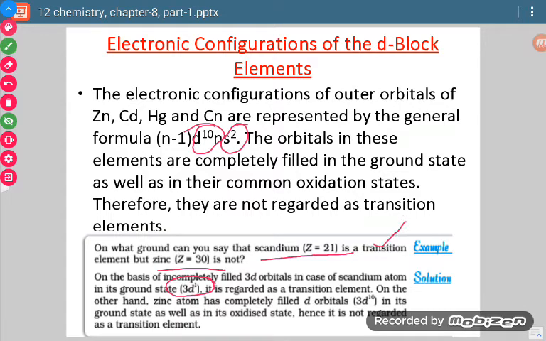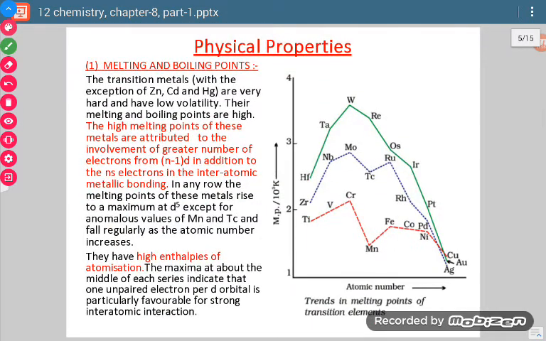But in the case of zinc, there is a fully filled d orbital. There is an absence of unpaired valence electrons, so it is not regarded as a transition metal. So this is one of the questions. Now let us discuss the physical properties.